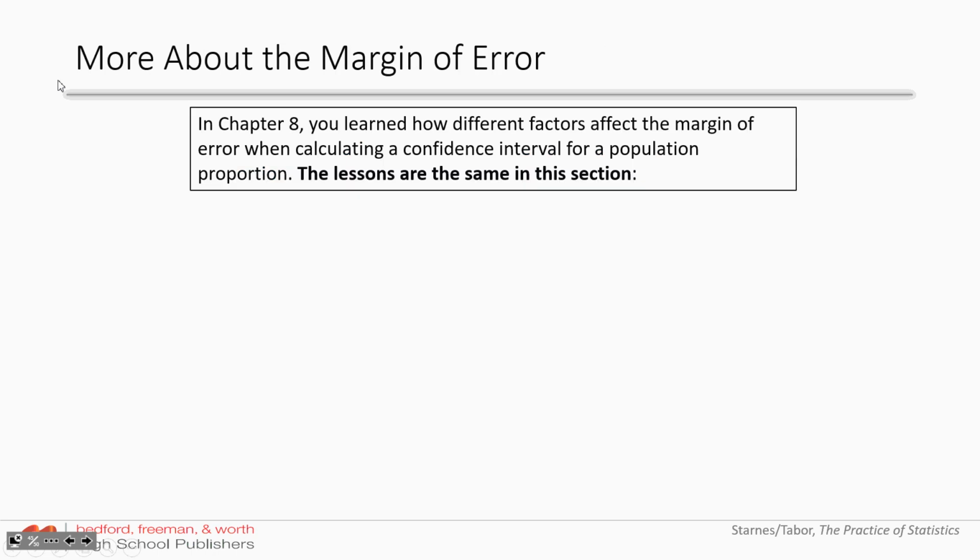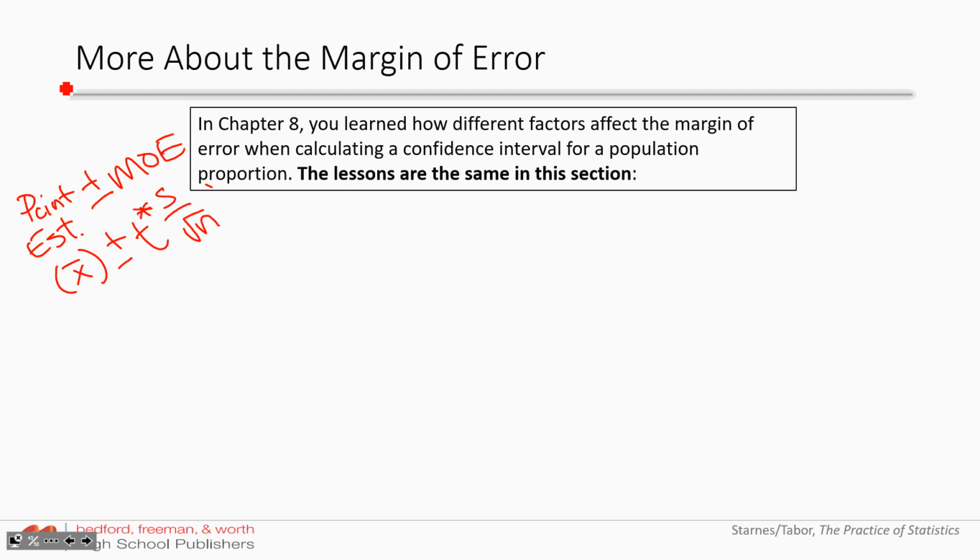All right, let's talk a little bit about margin of error to tie things up. So what affects margin of error? Remember, a confidence interval is always the point estimate, in this case x bar, plus or minus the margin of error. So in this case, the margin of error is t star times s over root n. This is the stuff after the plus or minus.